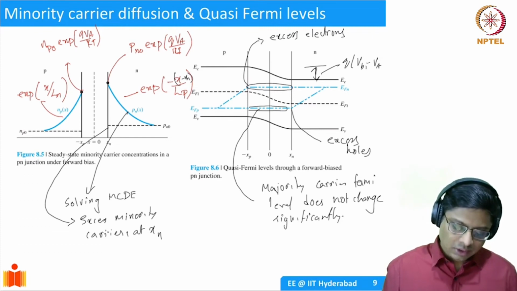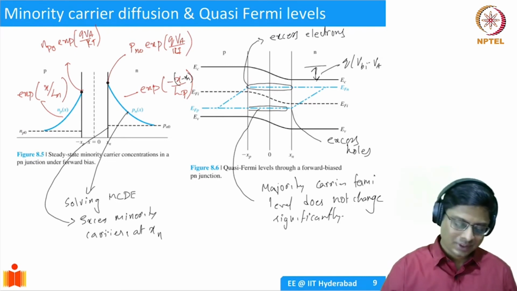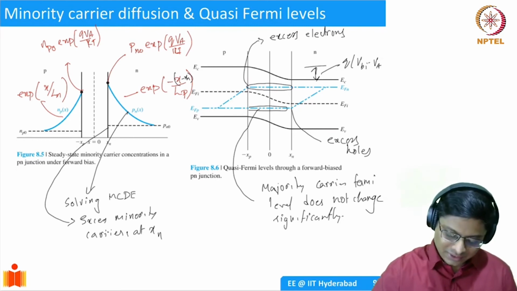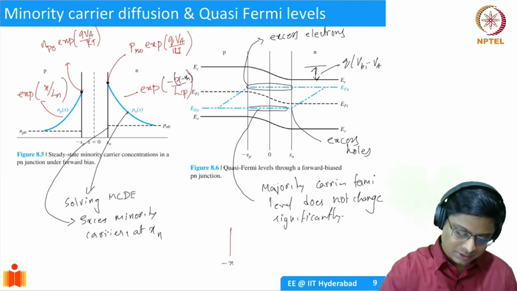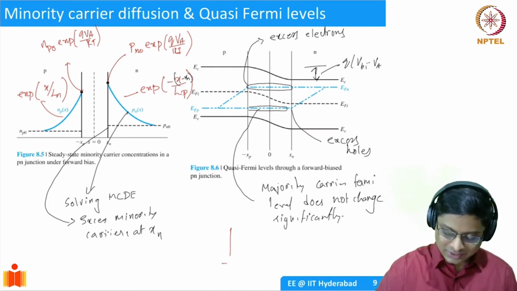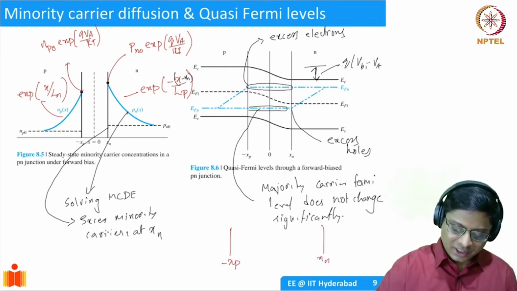So if you look at this band diagram, can you tell me where the semiconductor is in equilibrium and where it is not in equilibrium? Well, actually, this is minus xp, let's say. This is xn. So it is going to be non-equilibrium for a few diffusion lengths, right?